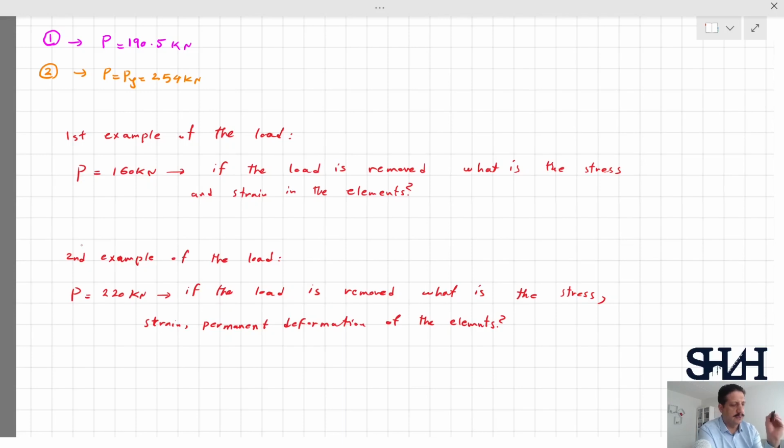So these are two questions that we can answer by applying the load. These two can be answered separately. To shorten the video, we will cover these two parts in the next video.